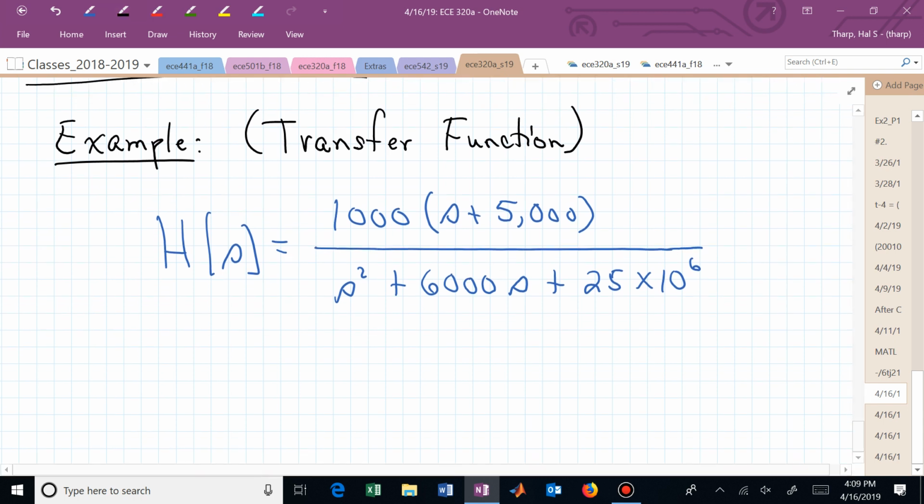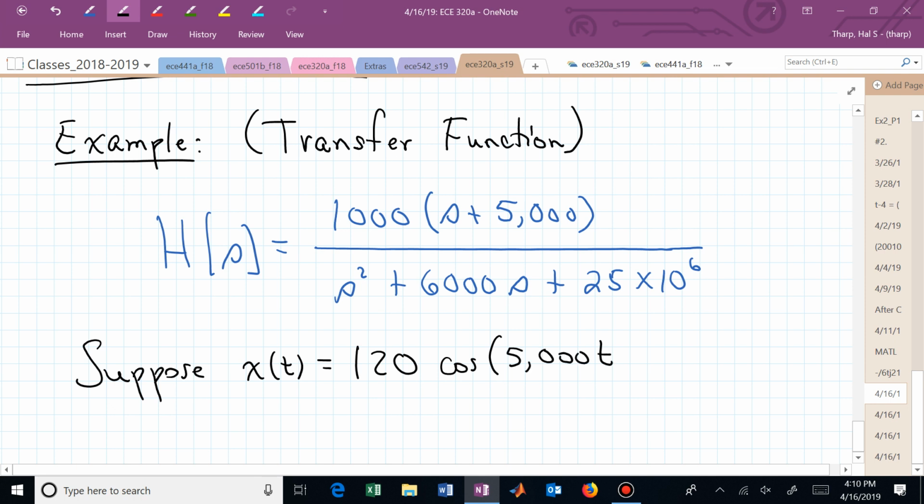And suppose they say, that's the transfer function, and they want to apply an input of x of t equaling 120 cosine of 5,000 t plus 30 degrees. And they may say, can you find the sinusoidal steady state output of that system when excited with that input?